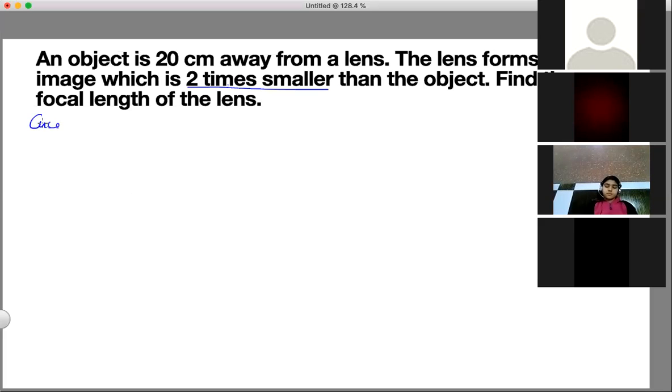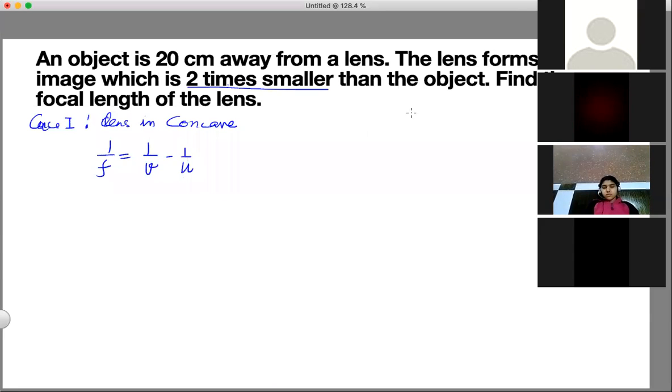वी टेक केस 1. ओके, lens is concave. Okay, then 1 by f is equal to 1 by v minus 1 by u.